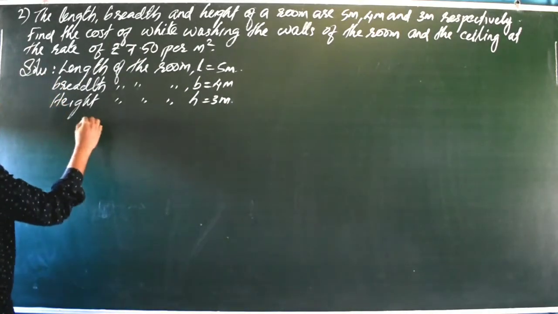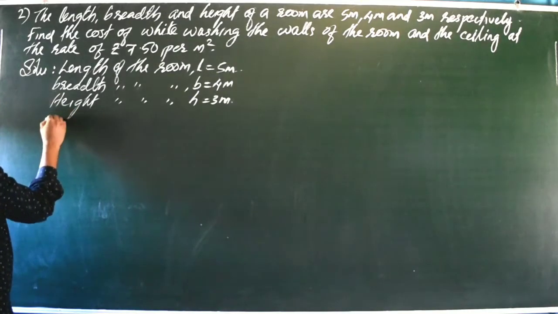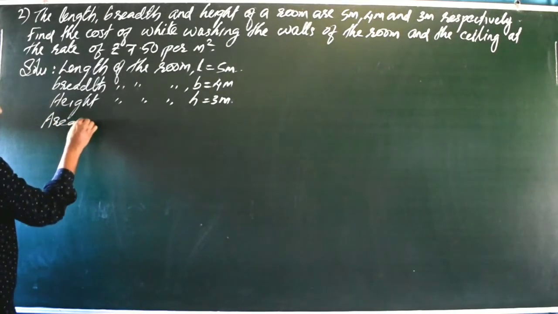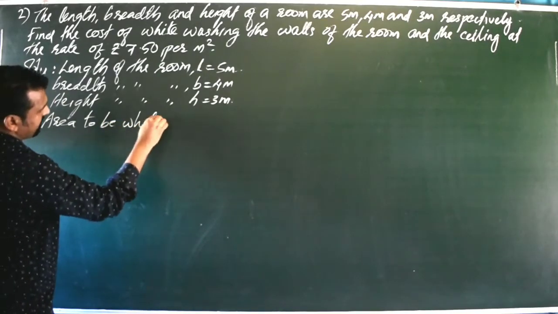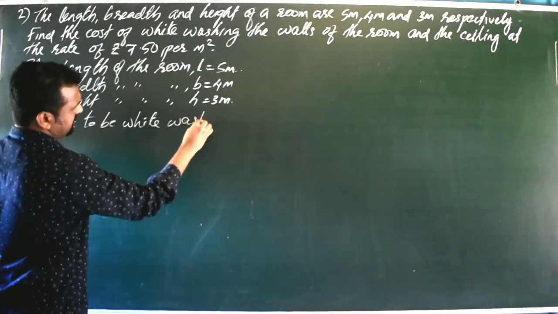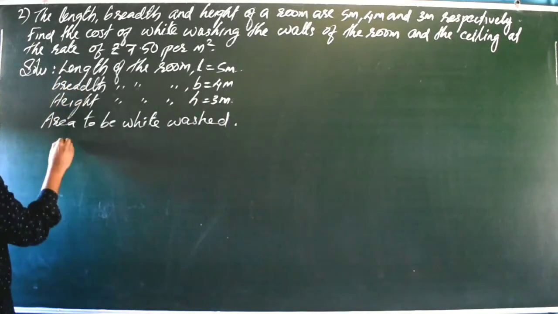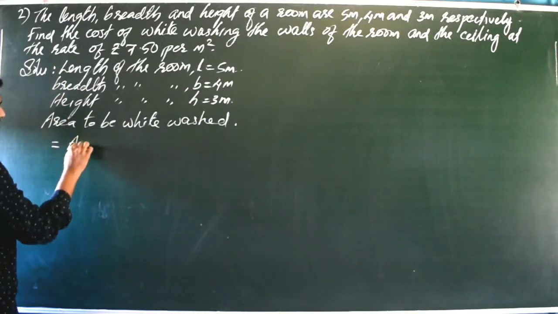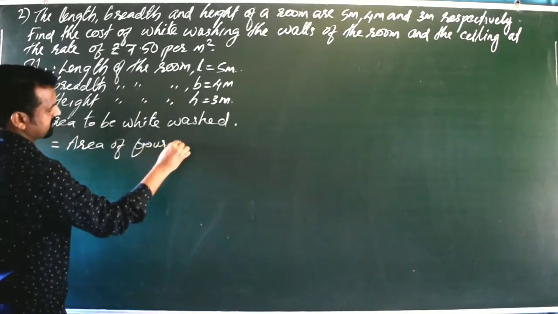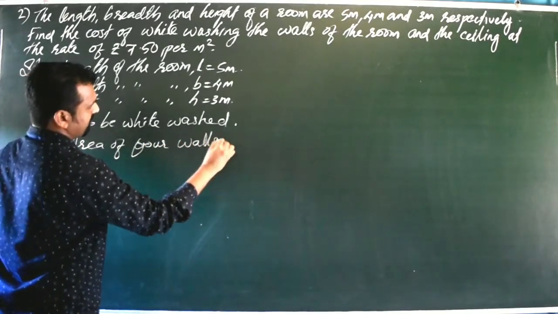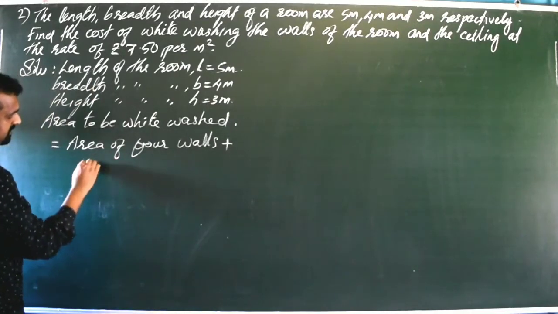So first we have to find out the area to be whitewashed. Next we will write: area to be whitewashed is equal to area of 4 walls plus area of the ceiling.